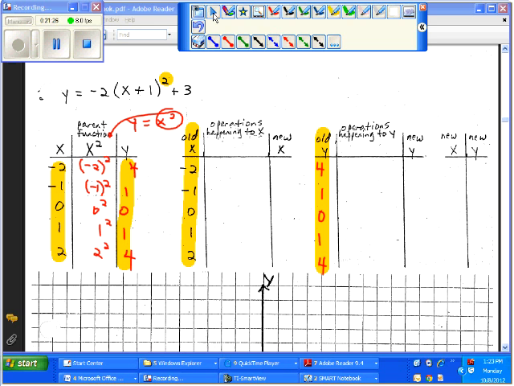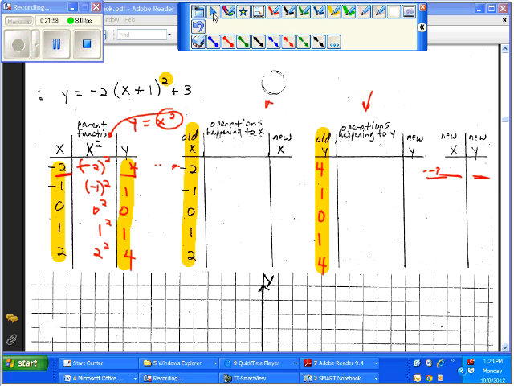I'm doing my x's and then my y's, but really I want to know where the point -2, 4 ends up when I get all the way over here. So I'm going to see where the x ends up, and where the y ends up, and then put them together to say, here's where the point ended up, okay?